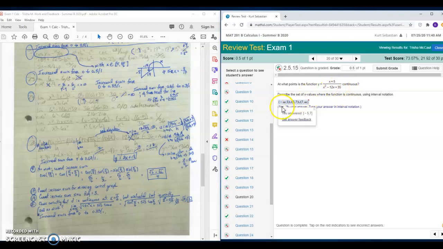So your domain is anything but x equals 5 or x equals 7. As interval notation, you write it this way: minus infinity to 5, don't include 5, and then 5 to 7, don't include 5 or 7, and then 7 to infinity, don't include 7. That's how you're supposed to write it. I had an idea that you kind of knew about factoring the denominator from this, so I said, okay, let me give you some points there. So we went from 0 to 0.5 on that one. All right, that was number 20.